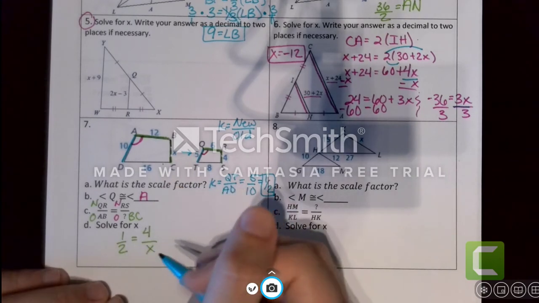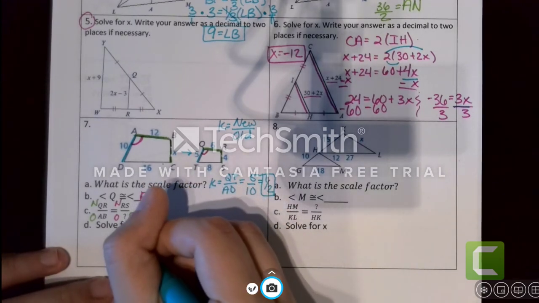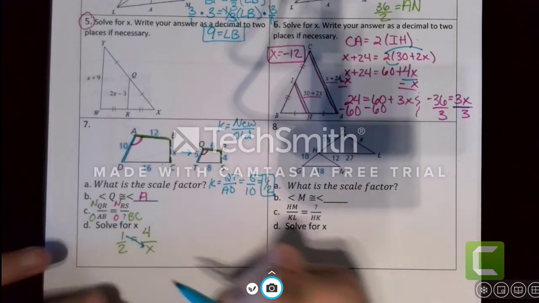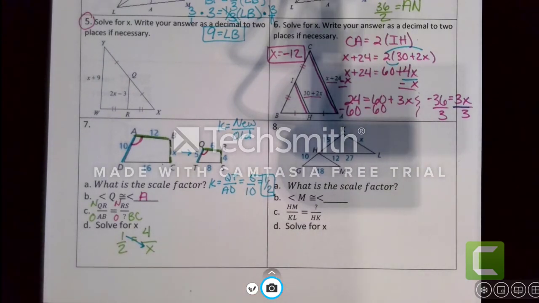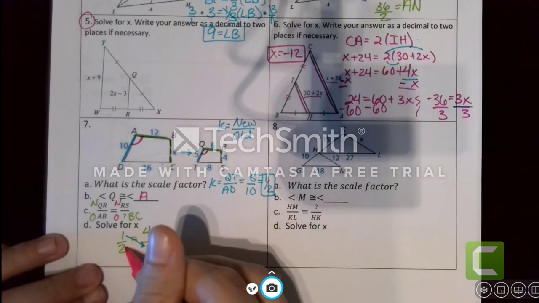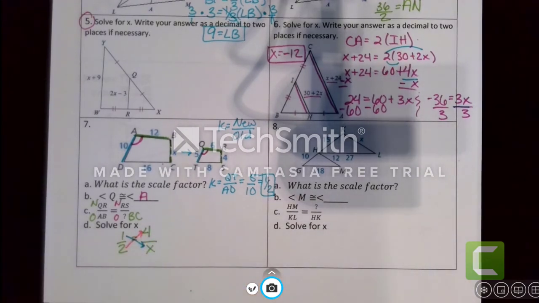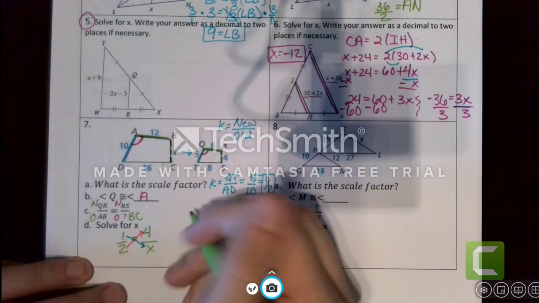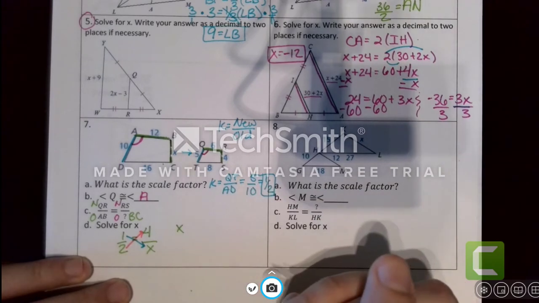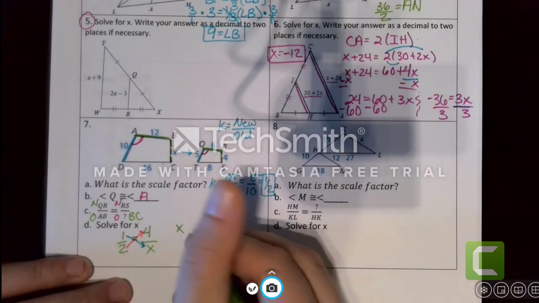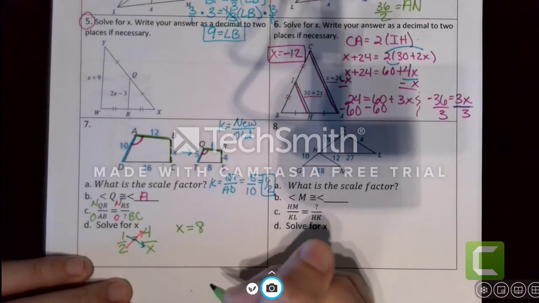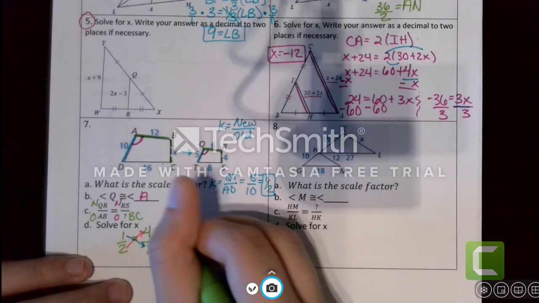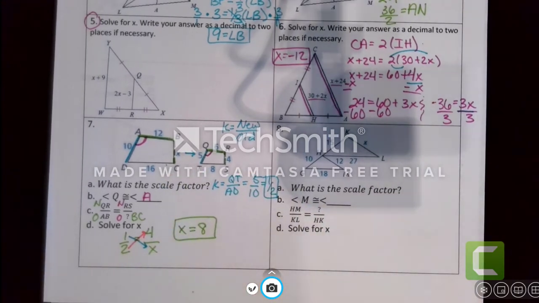Cross multiplication means you're going to be multiplying the top left of your proportion to the bottom right, and you'll be multiplying the bottom left to the top right. So that means we have 1 times x to get us x on the left, and 2 times 4 to get us 8 on the right. So your missing measurement is x is equal to 8.